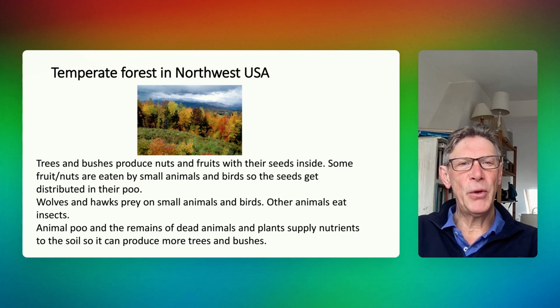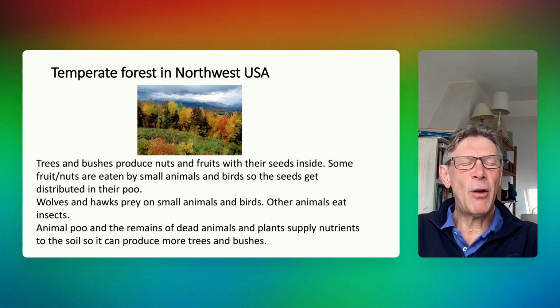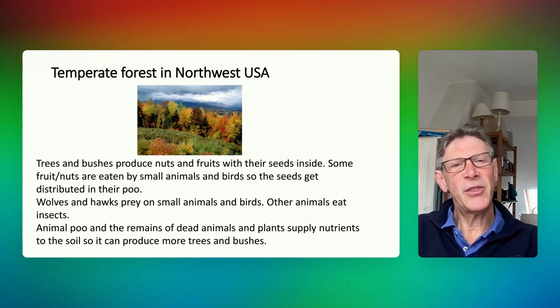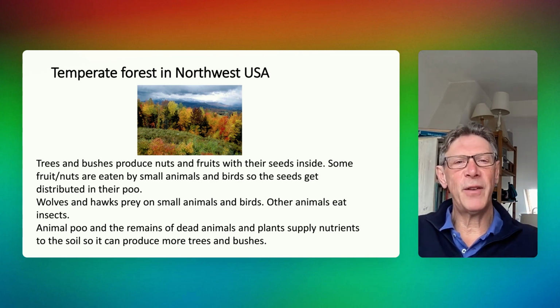All the animal poo and the remains of dead animals and the remains of dead plants, when they die and lie on and fall into the earth, they produce nutrients that help plants in the soil to grow. And so with that, more trees and bushes are produced, and on the circle of life goes.